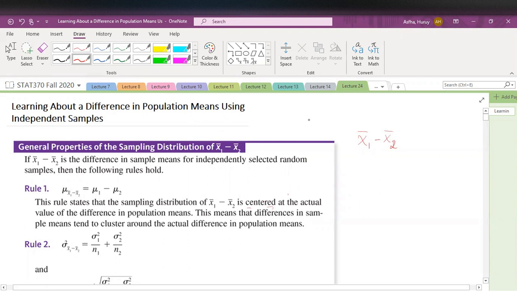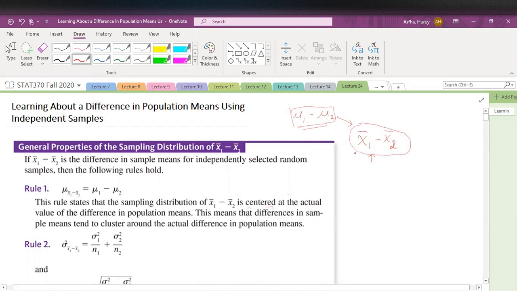Because what we're trying to estimate is the difference between the two population means, and the estimate of this is the difference of the sample means. Therefore, before we go to the procedure, we need to figure out the distribution of this under some assumptions.